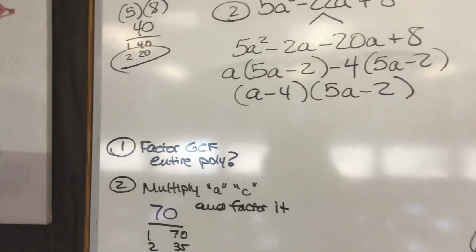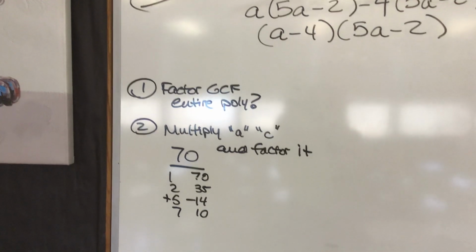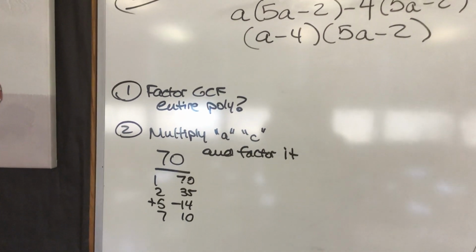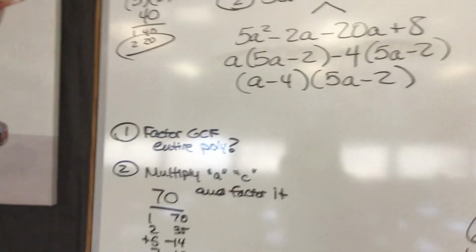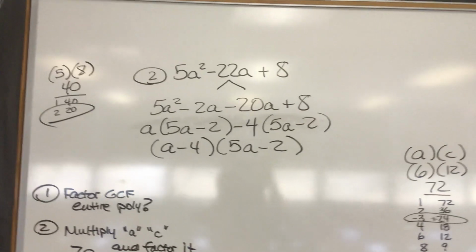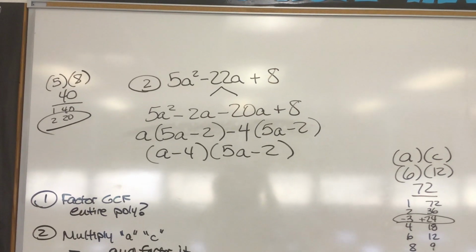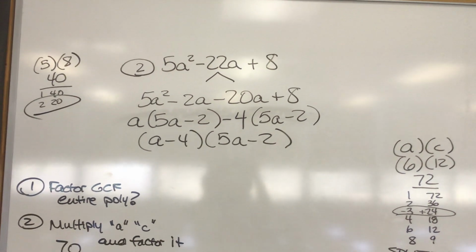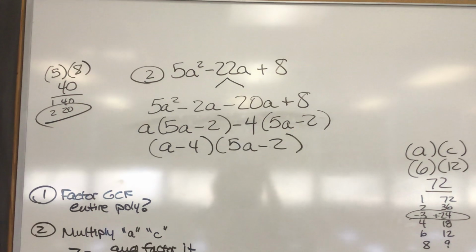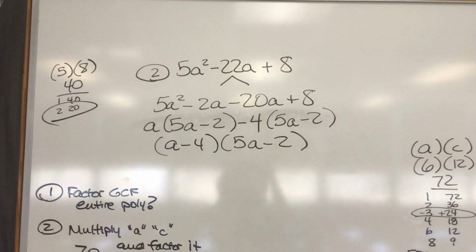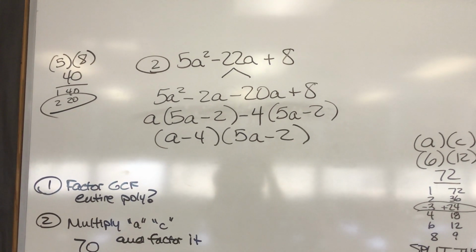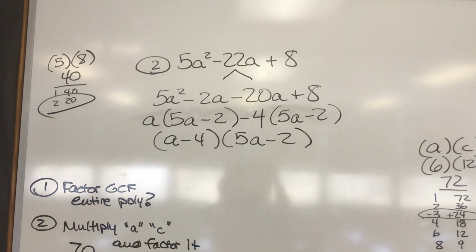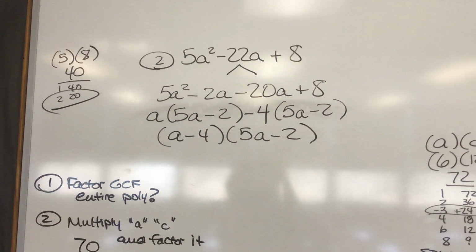Step 2, we multiply a times c and we factor it. So again, back here, we go up and we say, all right, 5 is my a value, 8 is my c value, that's 40. So I need the factors of 40 that will give me a sum of negative 22.